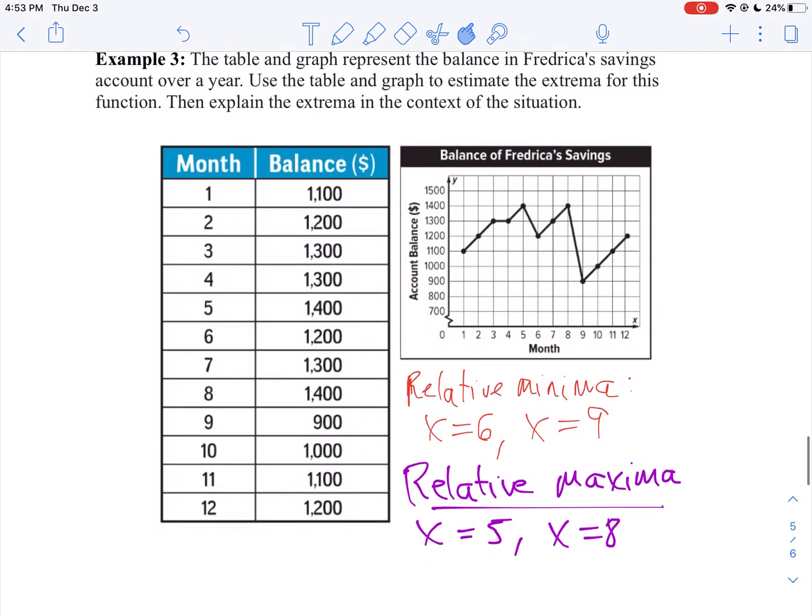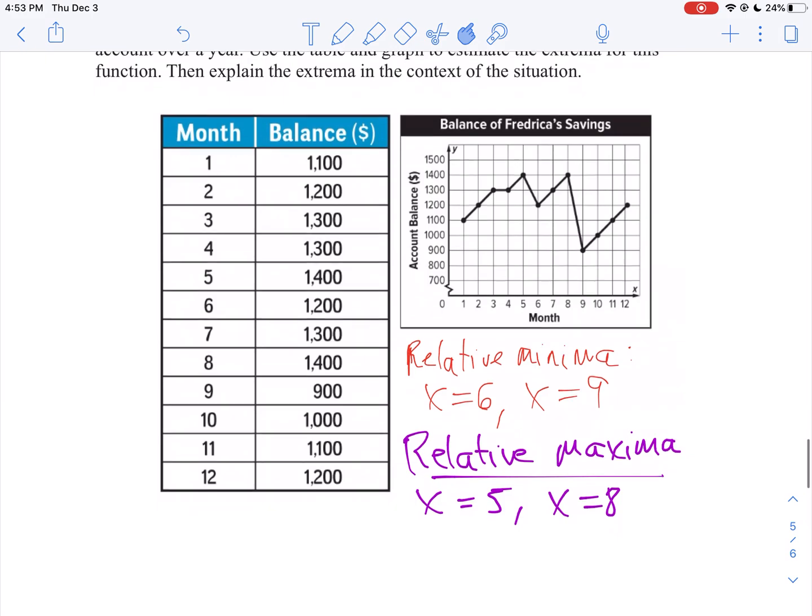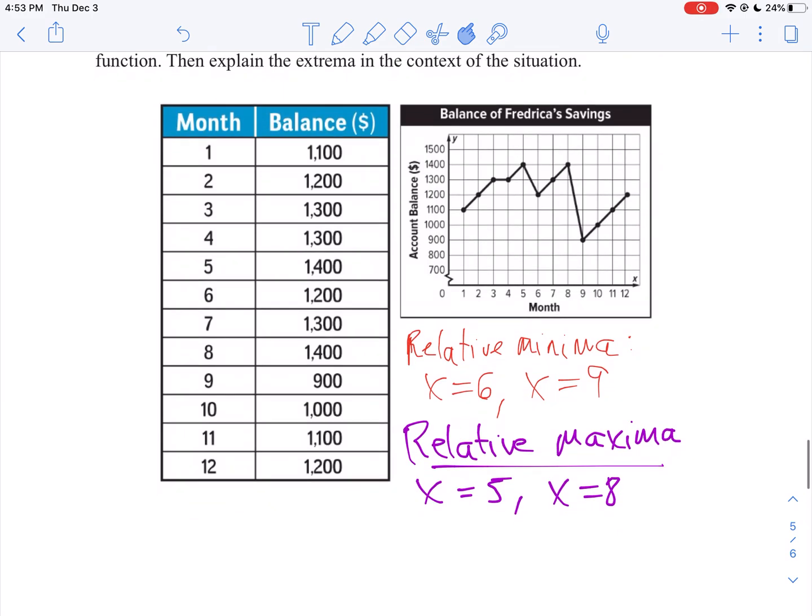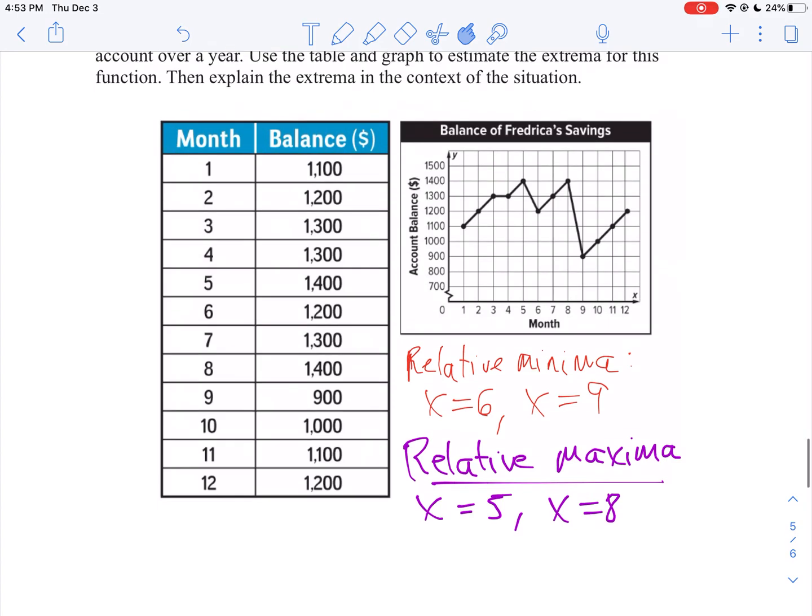And then we want to explain the extrema in the context of the situation. Well, I would say June and September are when the account balance is the lowest.